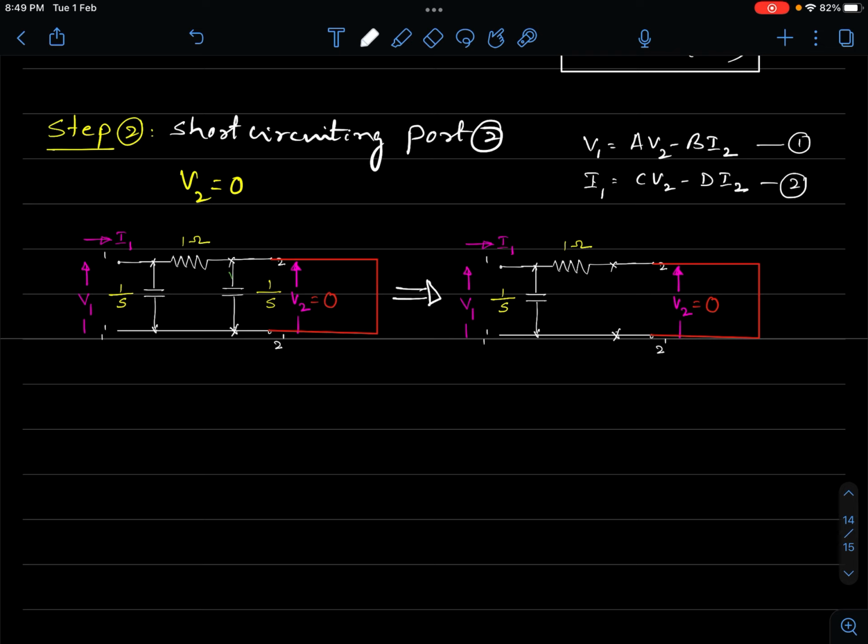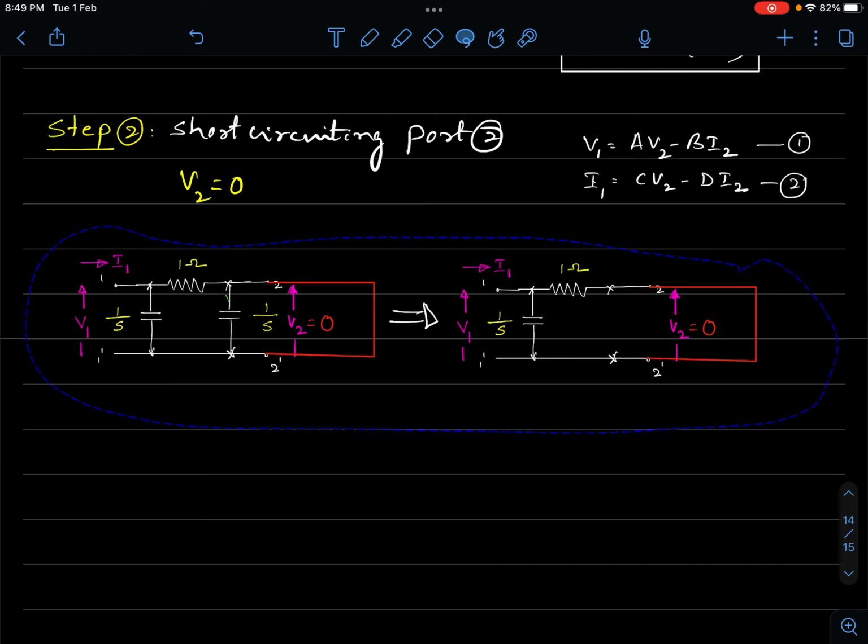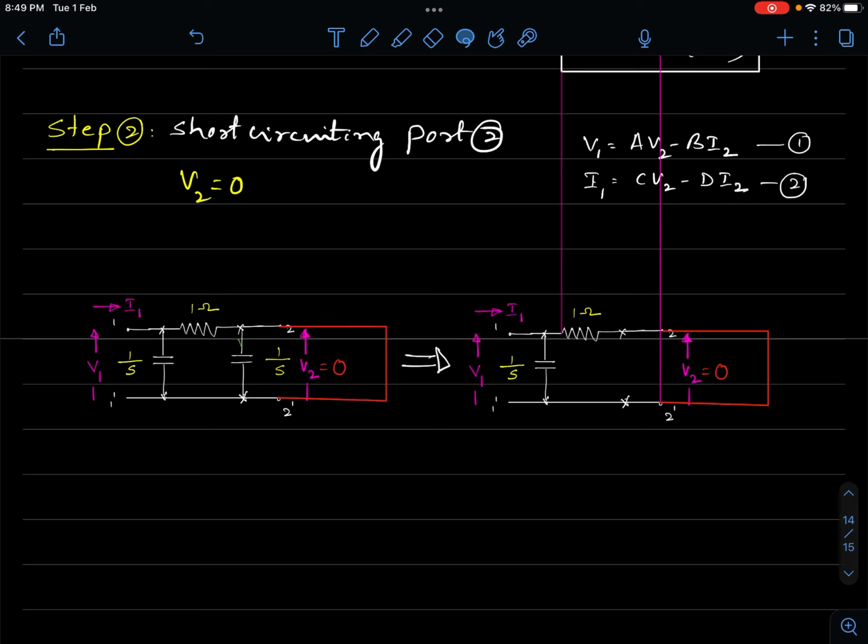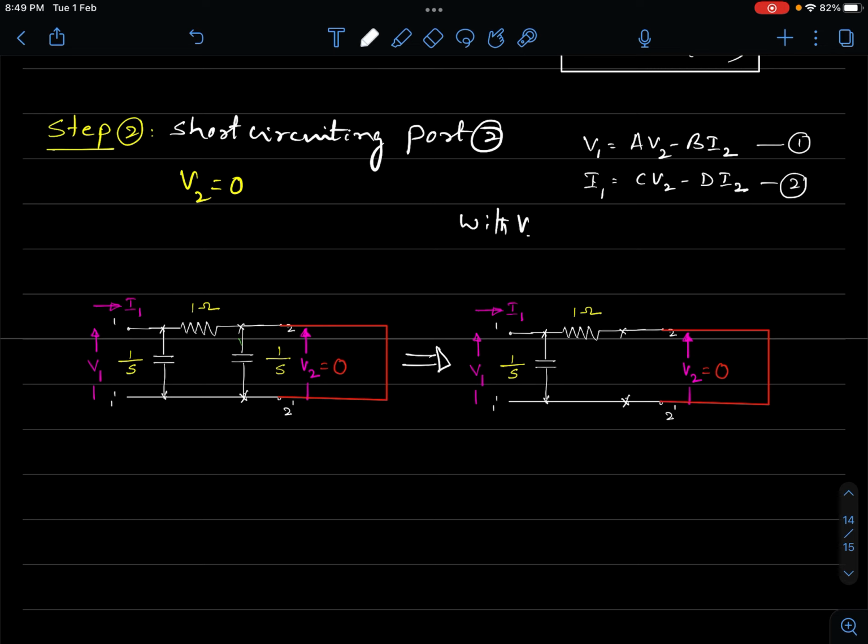If we can look at these two equations, from equation 1, I can clearly write, I'll write it here. Before that, I will shift this network a little, I'll make some space. Okay, so when V2 is made 0, with V2 equal to 0, I can easily write from equation 1 minus B equal to V1 by I2.